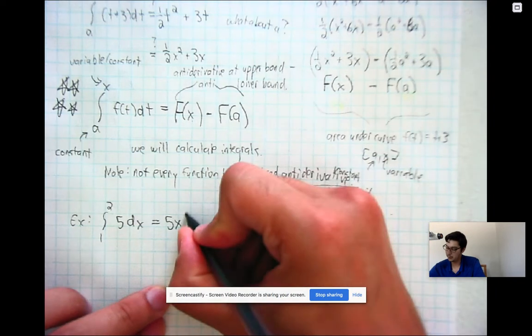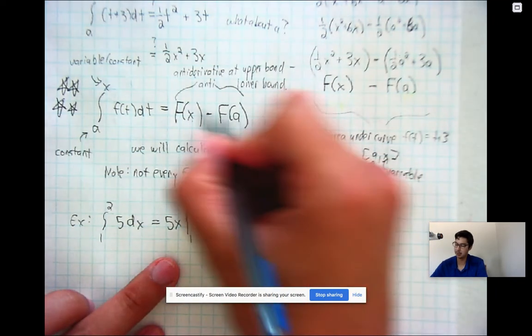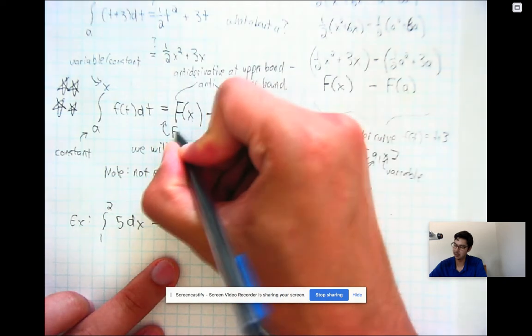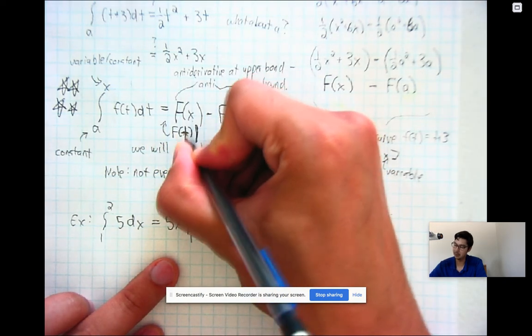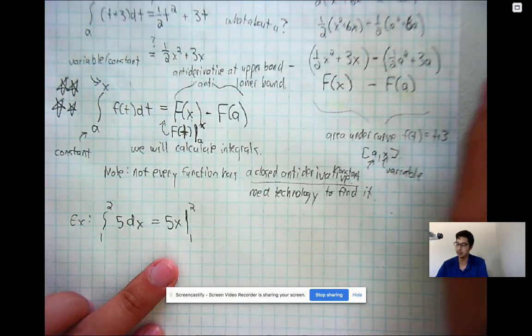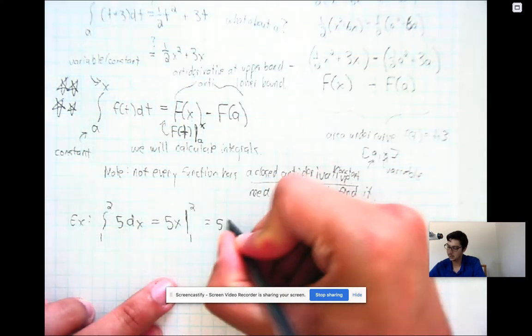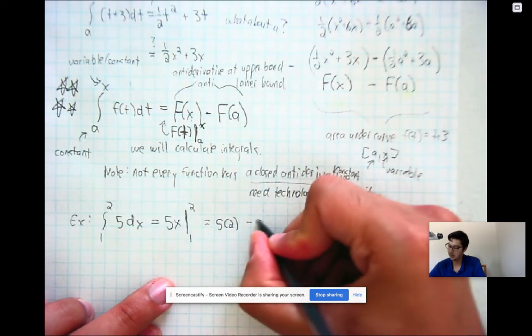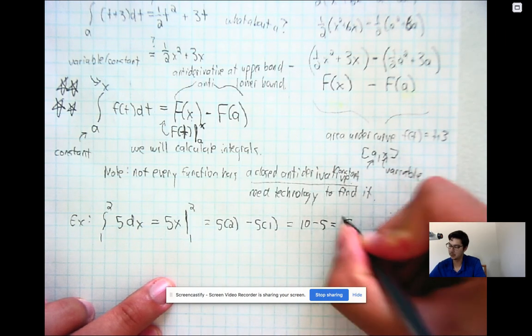Then we evaluate it from 1 to 2. This is a new notation, where instead of going straight there, we write the antiderivative from a to x, and that's just the way they write that. So the antiderivative is 5x from 1 to 2. Then it's the upper bound minus the lower bound, and we get the same thing you're probably thinking, which is 5.